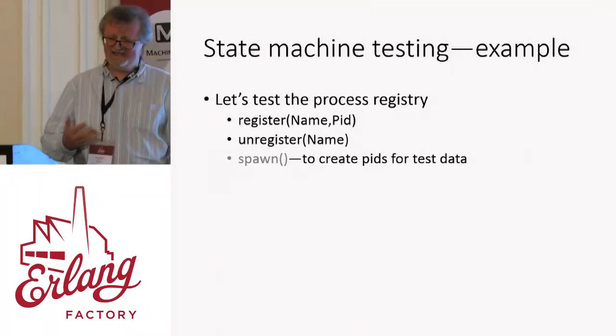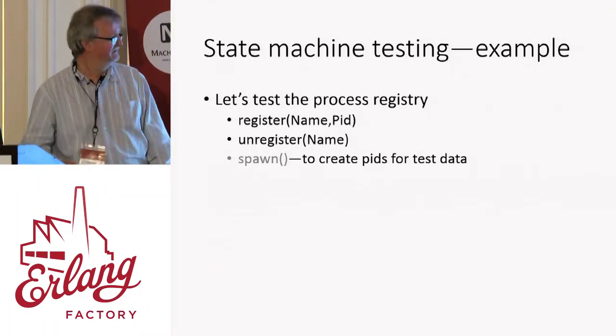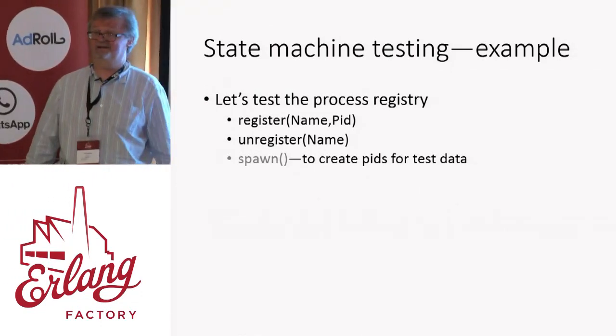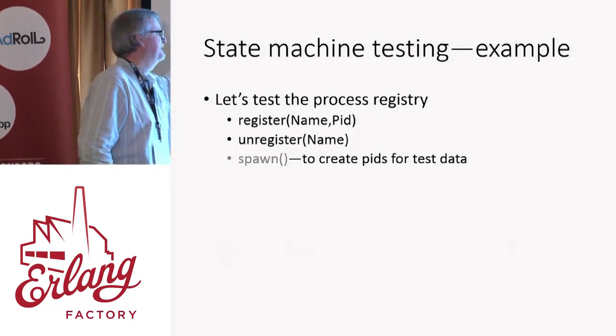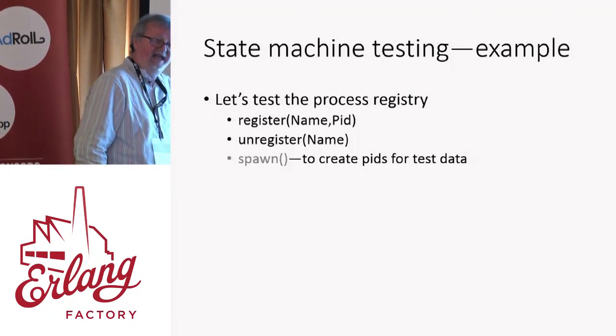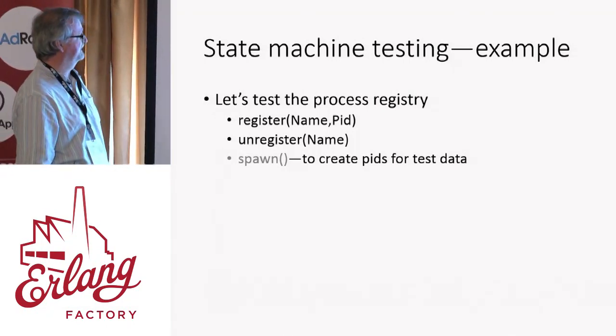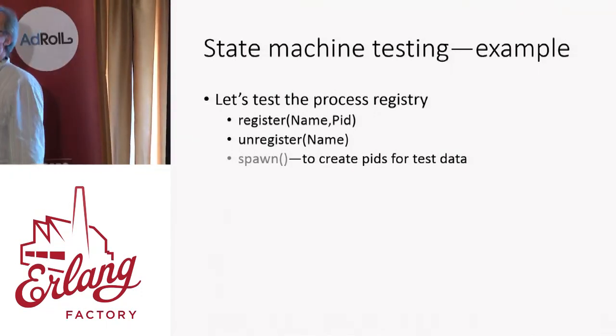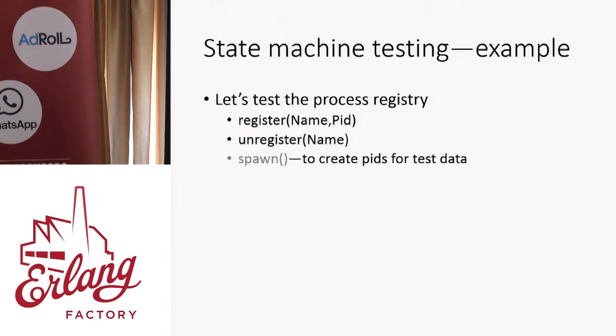But my test cases are also going to need to contain calls to a spawn function so that I have some PIDs to register. Quite often, I need to add some operations to my test cases just so that I have test data to test the ones I really want to test. So this spawn function is something I've written myself. It just spawns a zombie process that can be registered and unregistered.